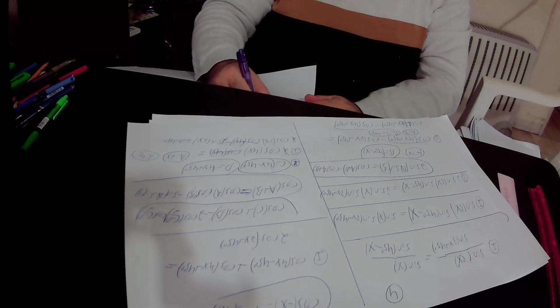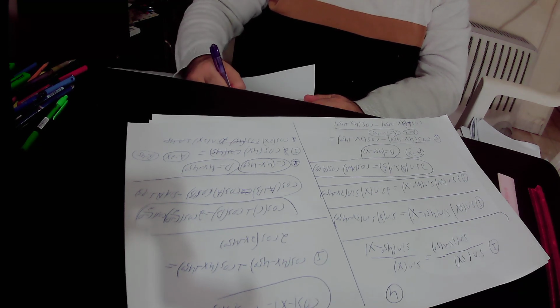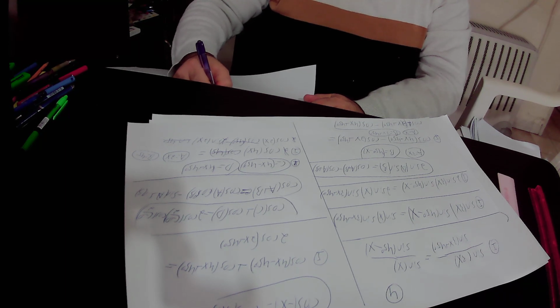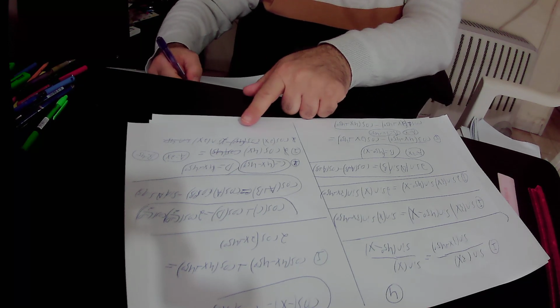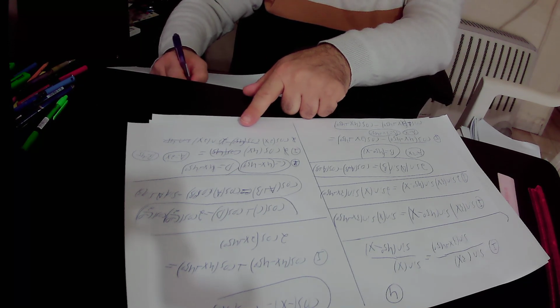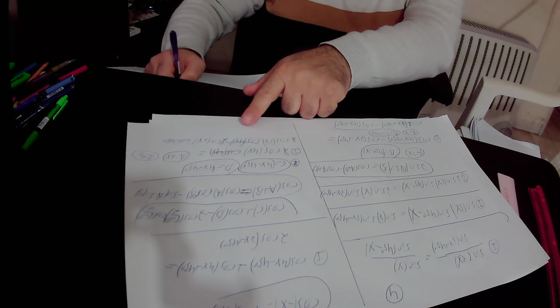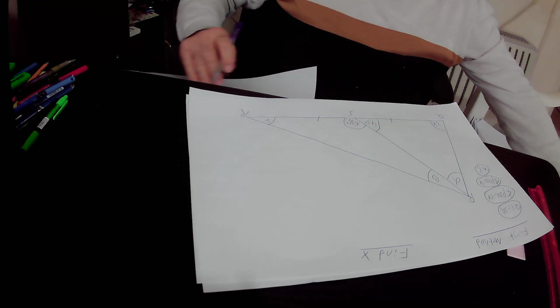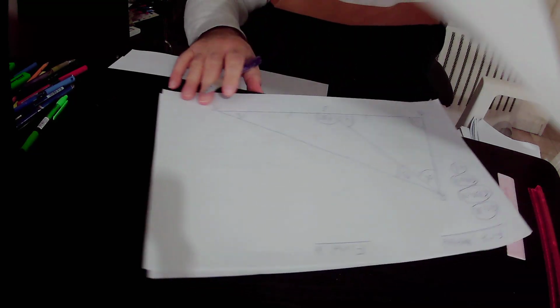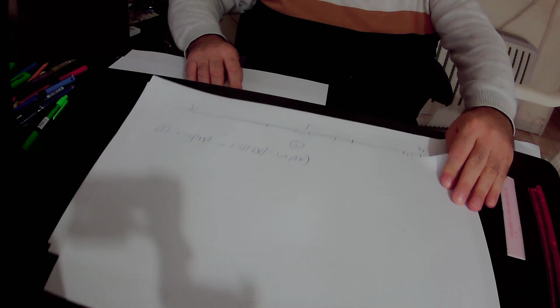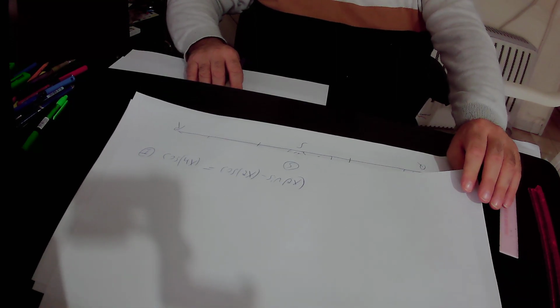cosine 4x is equal to cosine 2x minus sine 2x. Okay, so actually, I'll repeat again, according to equation number 1, cosine 4x equals cosine 2x minus sine 2x.